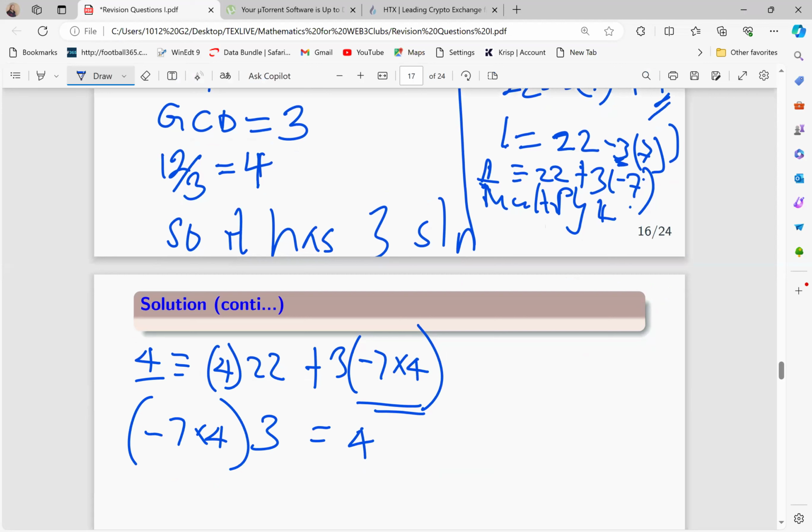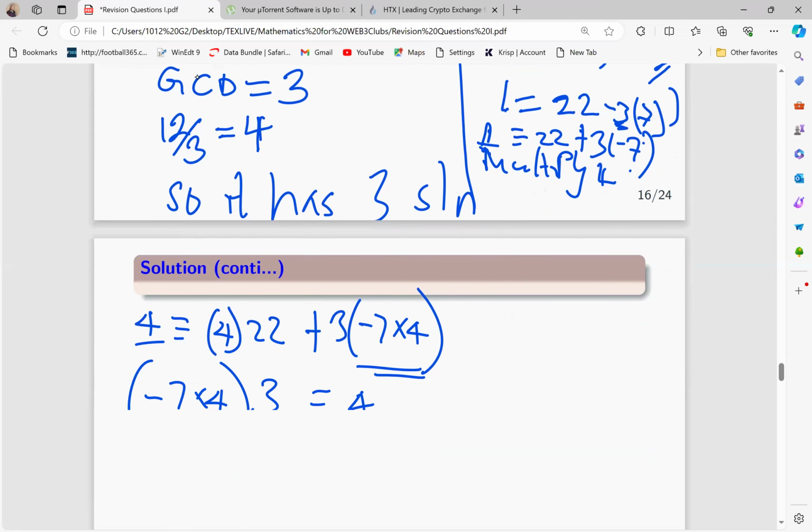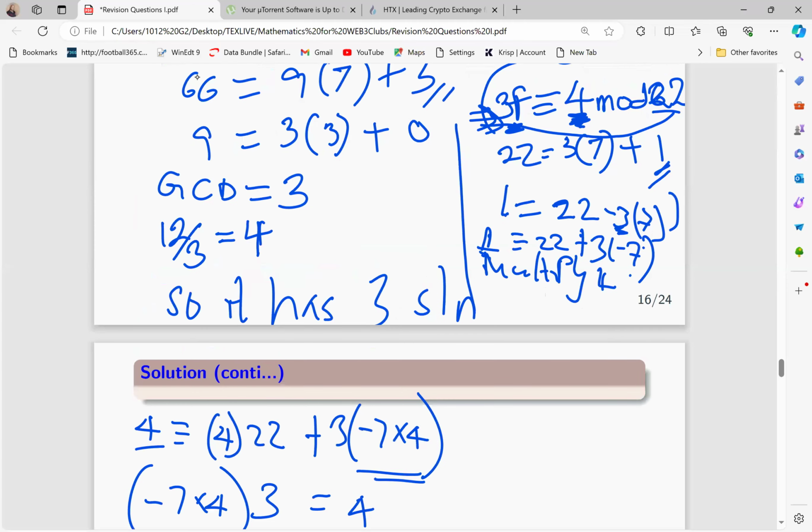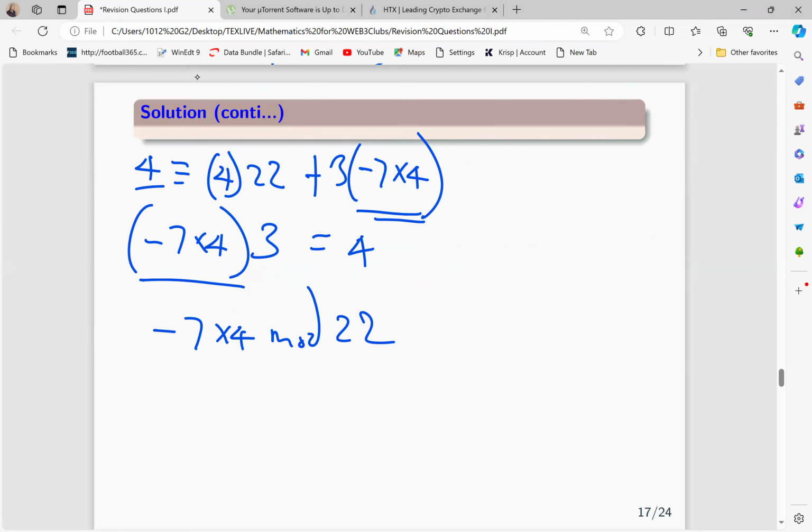Is that okay? We are doing this mod 22. 7 times 4 mod 22, and this is -28. The -28 mod 22. So what number is that?